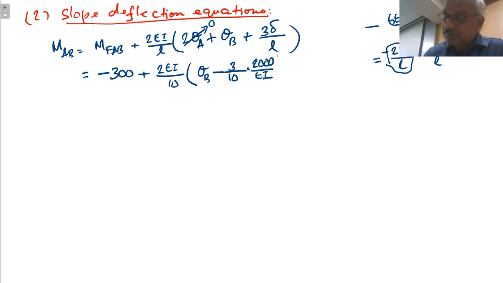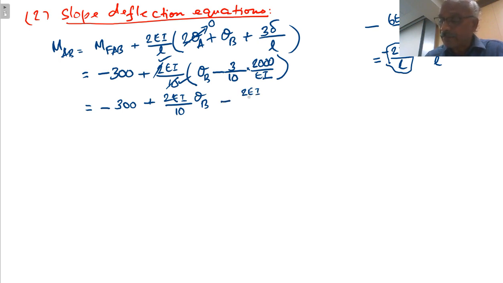2000 by EI, 2000. On simplification what we can do is equal to minus 300 plus 2EI by 10 into theta B as it is, minus 2EI by 10.